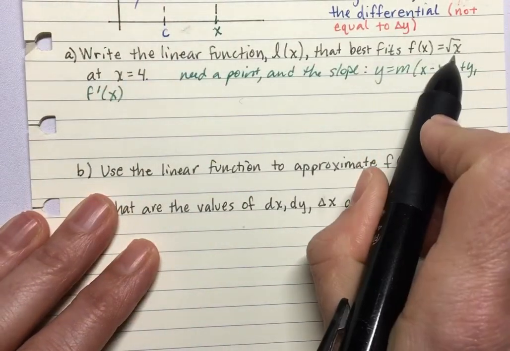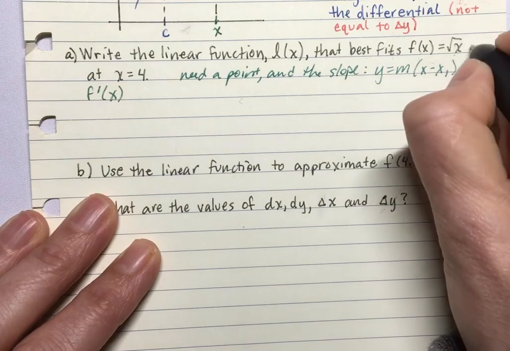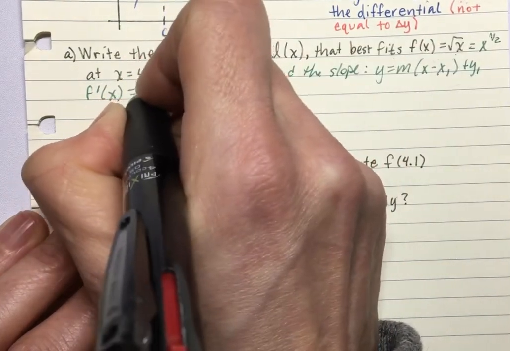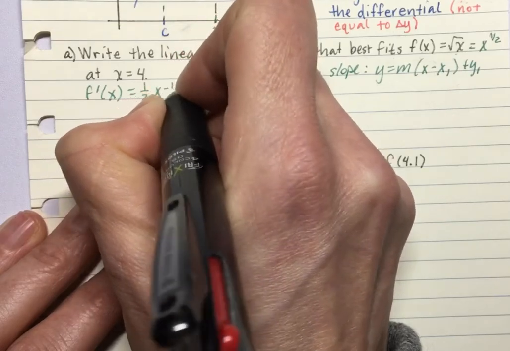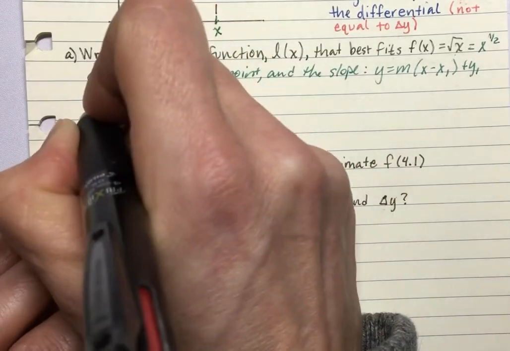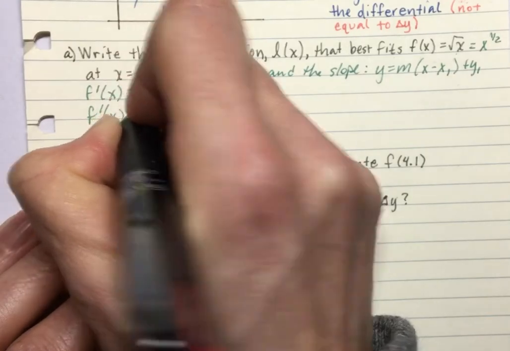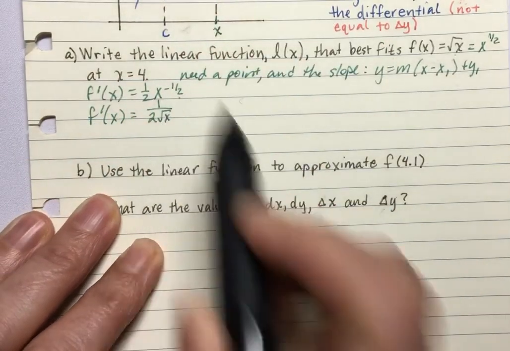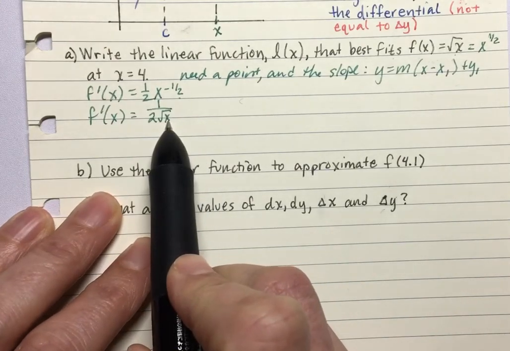Remember that root x is really x to the 1/2. So the derivative is 1/2 x to the negative 1/2. If you want to make that a little more user-friendly, f prime of x is 1 over 2 root x, because a negative 1/2 exponent would be our square root in the denominator.